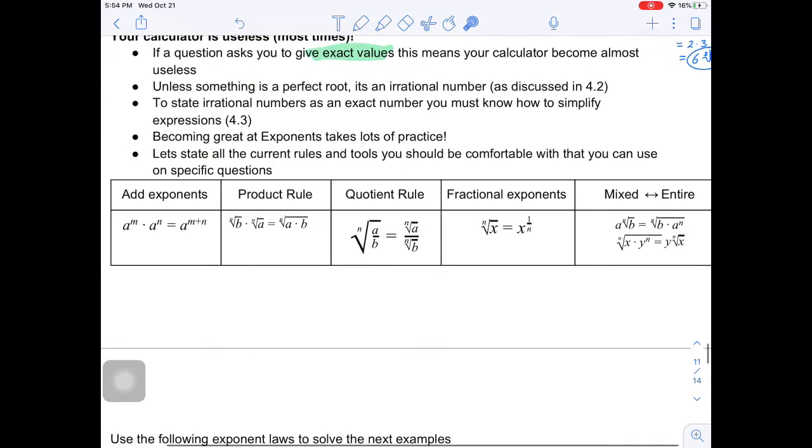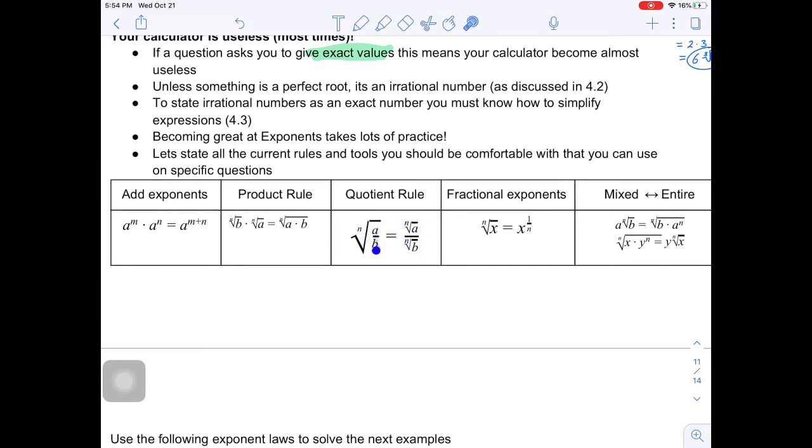So right now, these are all the awesome tools you know and have learned before and should know how to use. So you have your add exponent rules, you have your product rule where you have the same index so you can multiply the inside values. You have your quotient rule where it's under the same value here, and you can go in the backwards direction.